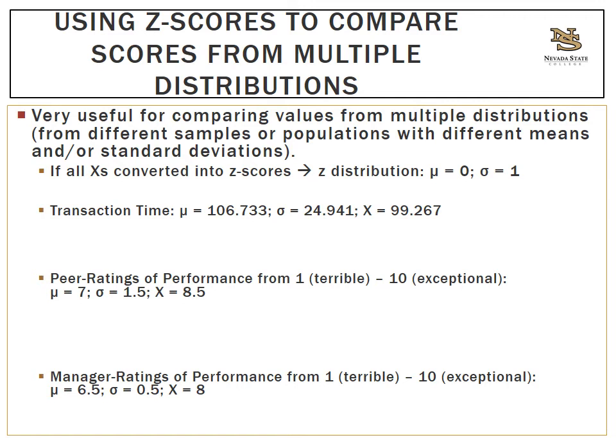Z-scores allow you to standardize scores from different samples or populations, so you can make direct comparisons between scores that were not measuring the same thing in the same way. And you'll see that in this example here. So basically, by converting all your values into z-scores, you go from trying to look at apples and oranges to looking at apples and apples. You've converted everything into a standardized z-score, so you can compare different distributions.